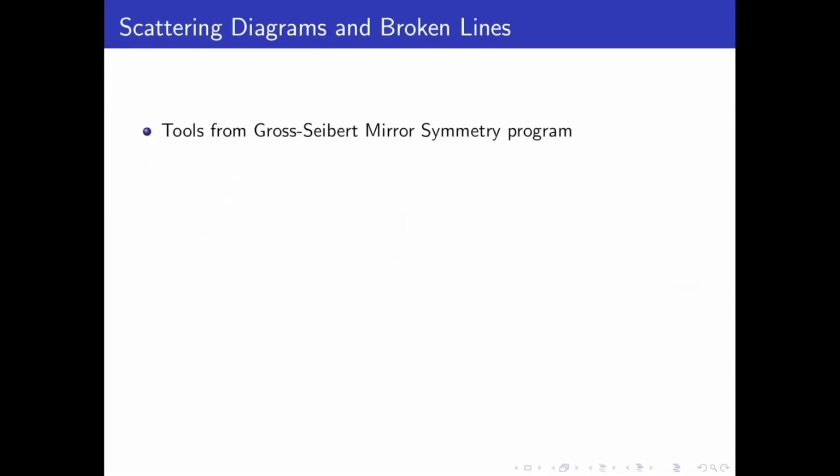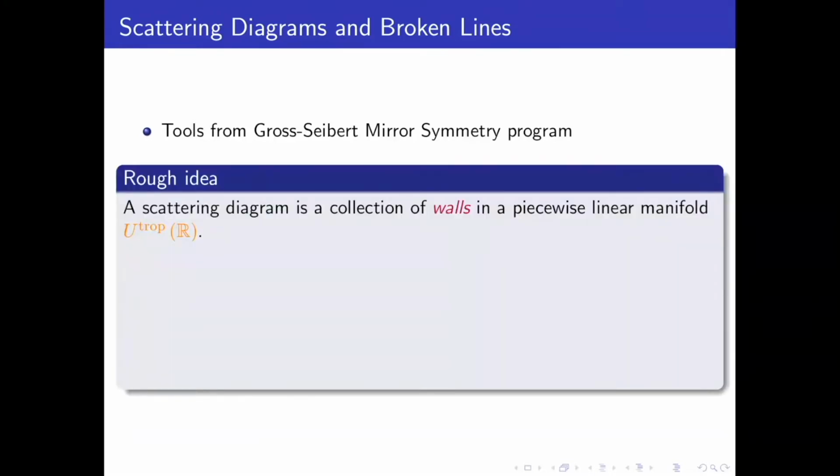Okay, so what are we going to use to study these? The main tools are some combinatorial gadgets called scattering diagrams and broken lines. These are really tools from the Gross-Siebert mirror symmetry program. I won't have enough time to say precisely what they are, but I want to give you a rough idea.